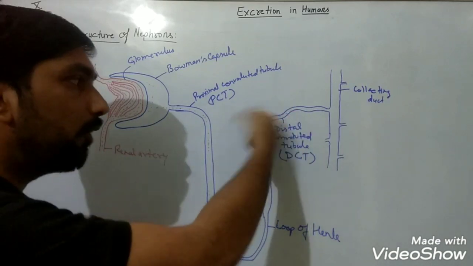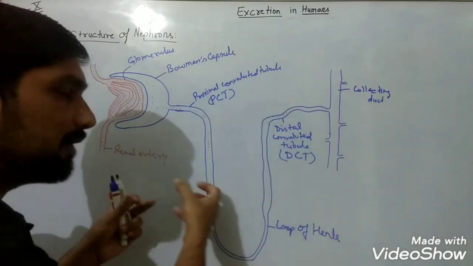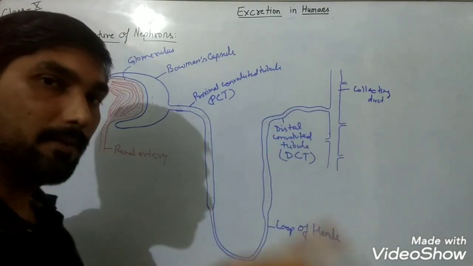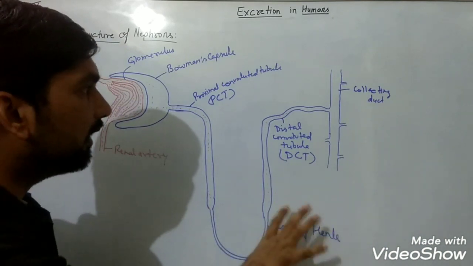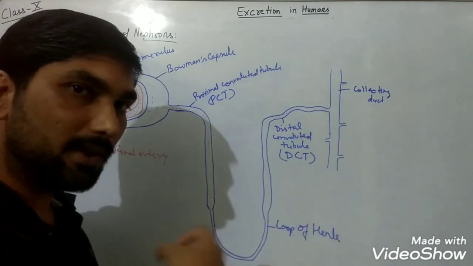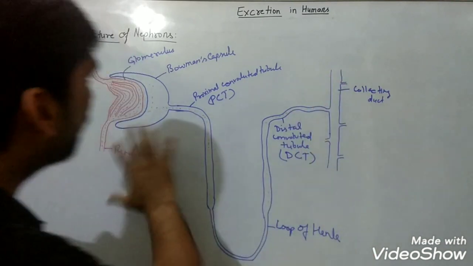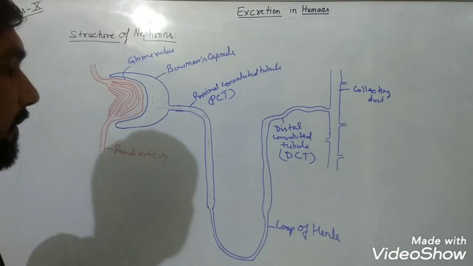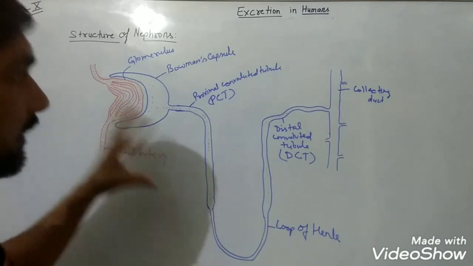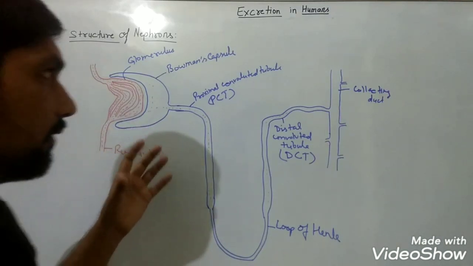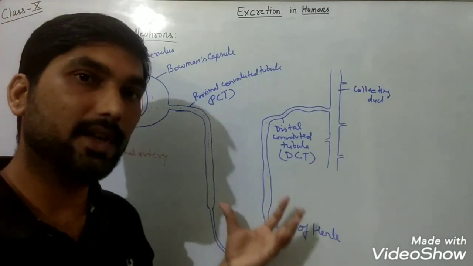Finally the water will also be absorbed here, and the blood will be transported through the renal vein again to the body. Means the useful substances will not be released out from the body. So this is the structure of the nephron, and the process of filtration of blood through the kidneys.